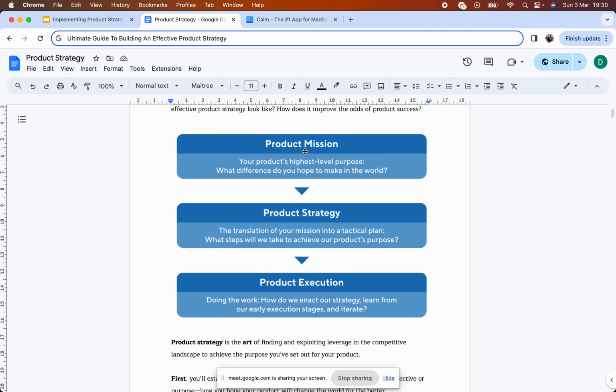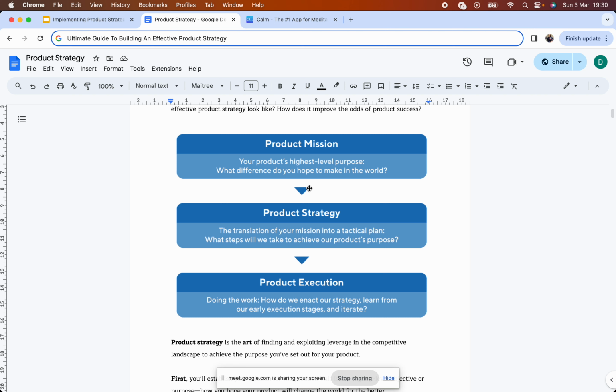You can use the mission of a company, or you can use the product mission that has been defined by the chief product officer. So any company you join, just ask, do we have a product mission? And if they say yes, you say, great, what is it? That gives you an understanding.